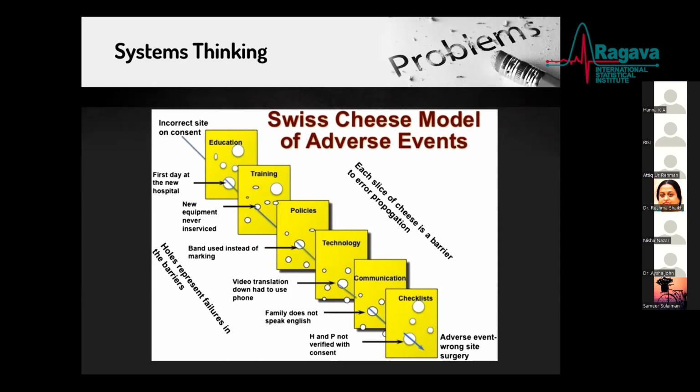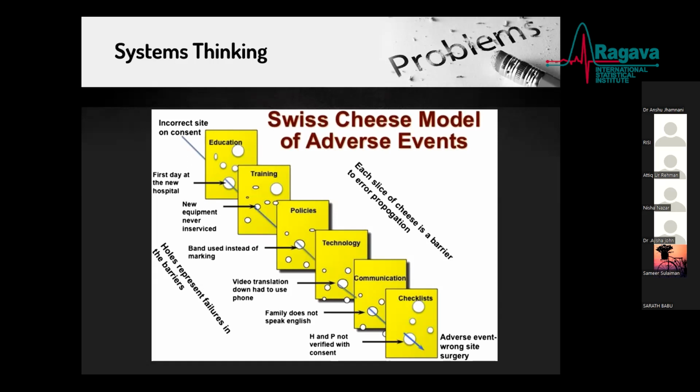When we talk about Swiss cheese, the ulterior goal is to focus less on the futile goal of trying to perfect human behavior, and to put greater effort into shrinking the holes in the Swiss cheese. These holes are sometimes referred to as latent errors. I'm sure many of us understand what active and latent errors are.